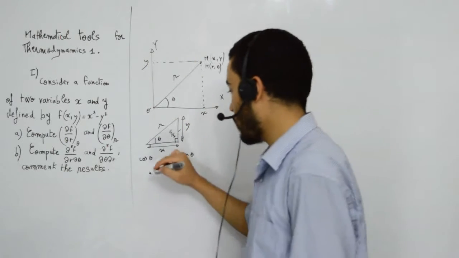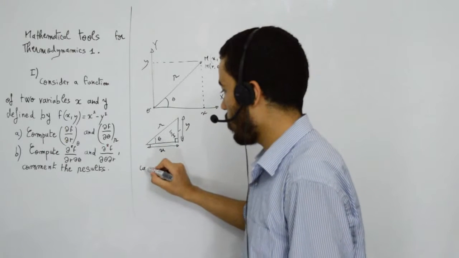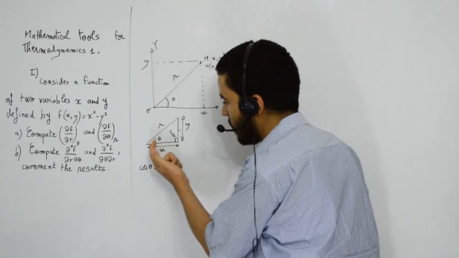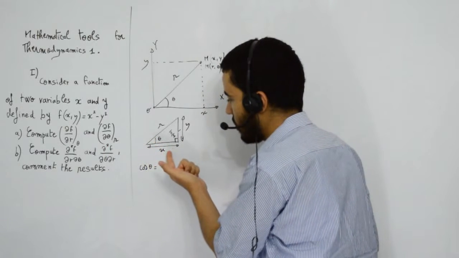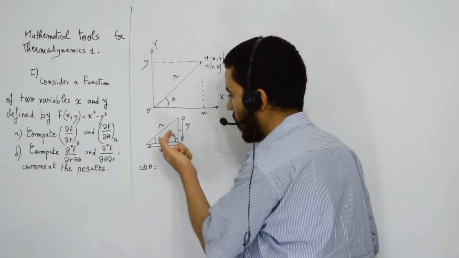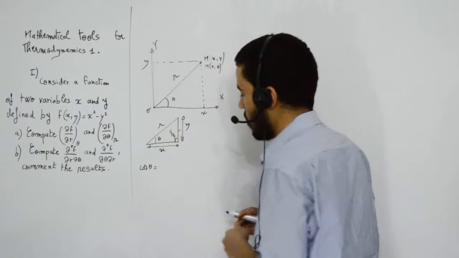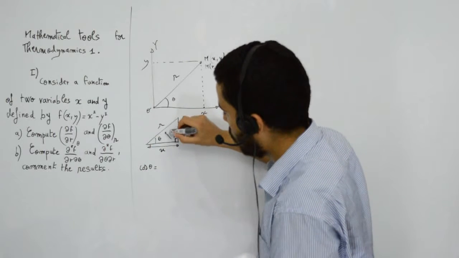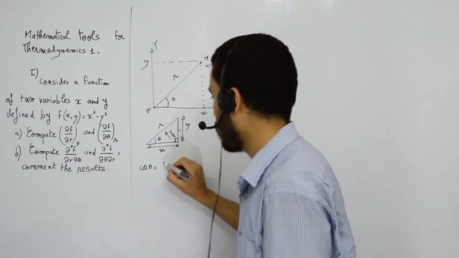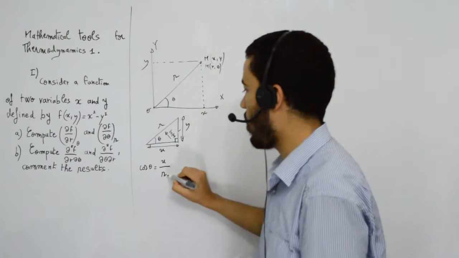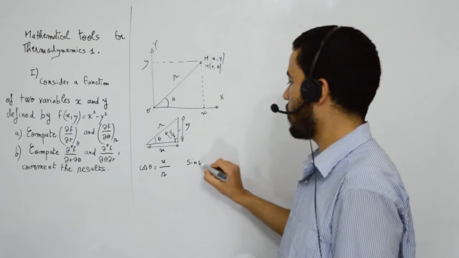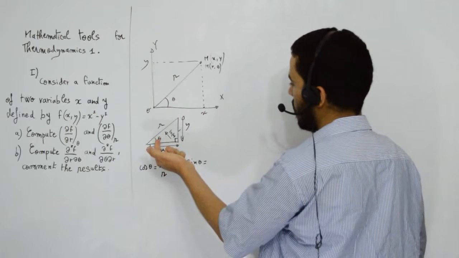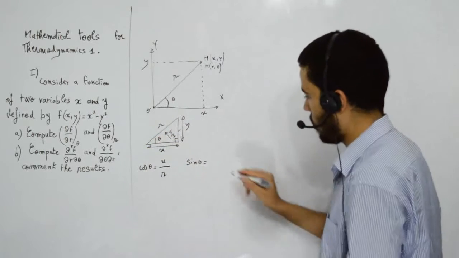So what about cosine theta? Cosine theta, as you can see here, is x divided by r, because we have pi over 2. So we have x over r for cosine theta. But for sine theta, you see theta here, so here y over r.